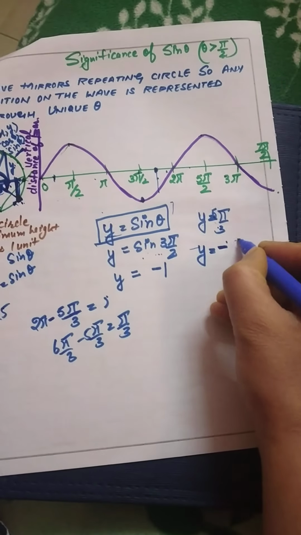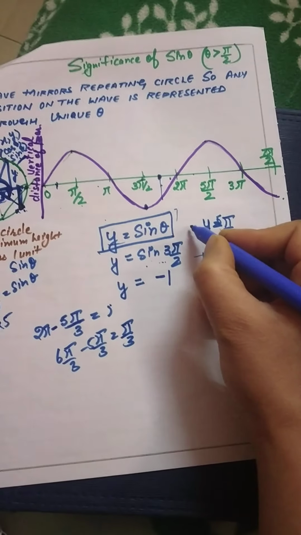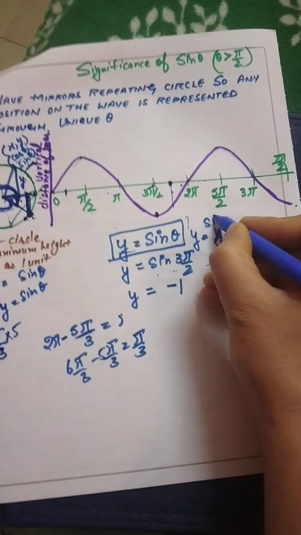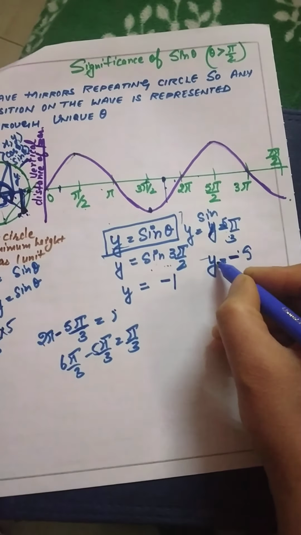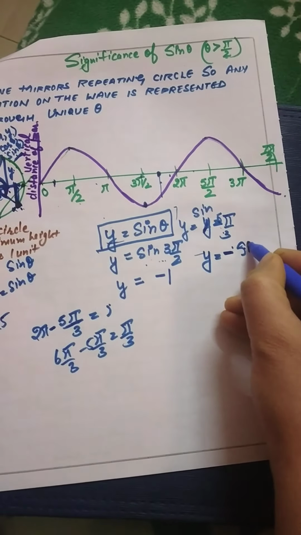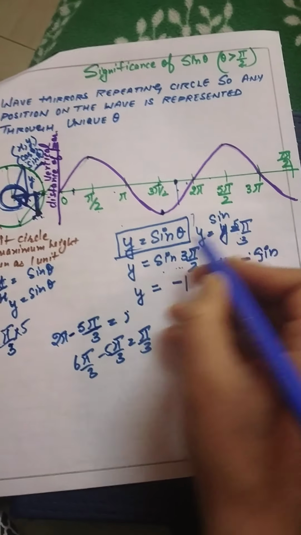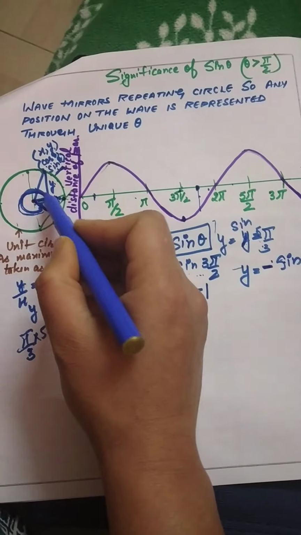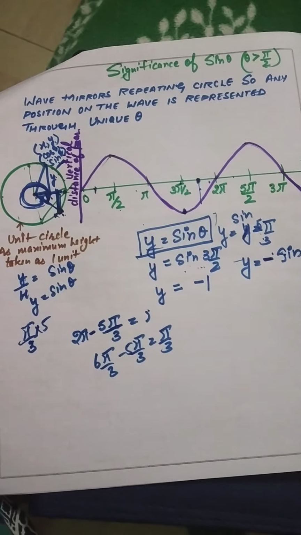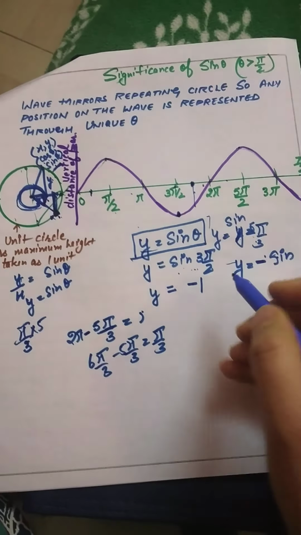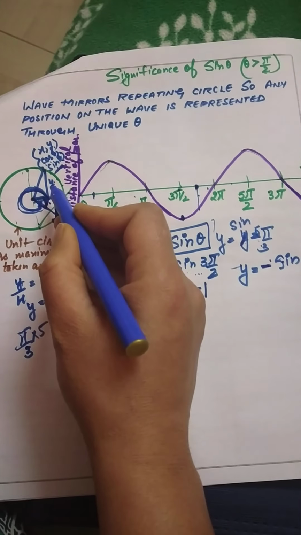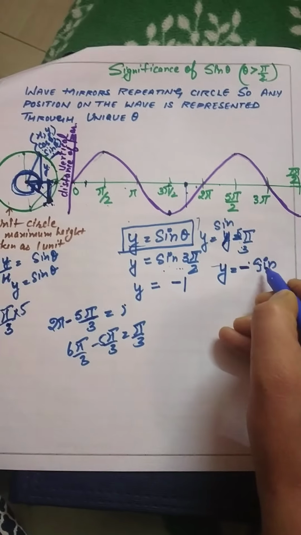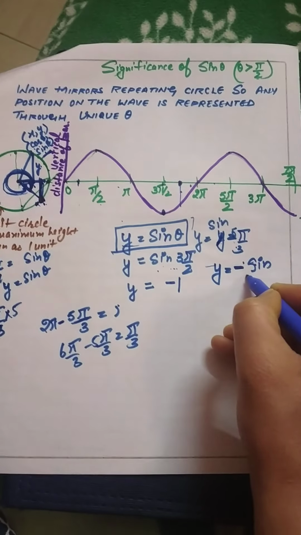Okay, and I forgot to write sine here. y equals sine 5 pi by 3 equals negative, that we decided. 5 pi by 3 was just an indication to reach here and to calculate mentally whether it is going to be negative or positive. So we got to know, because it's in the fourth quadrant and it is the y coordinate, it's going to be negative.